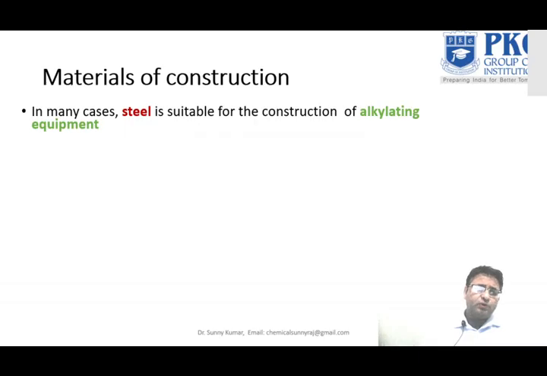So we have to choose a specific type of material that can ensure good quality of product. Steel is an inactive material, so it does not react or interfere with the alkylation reactions. So this is a very important material for producing alkylation-based products.